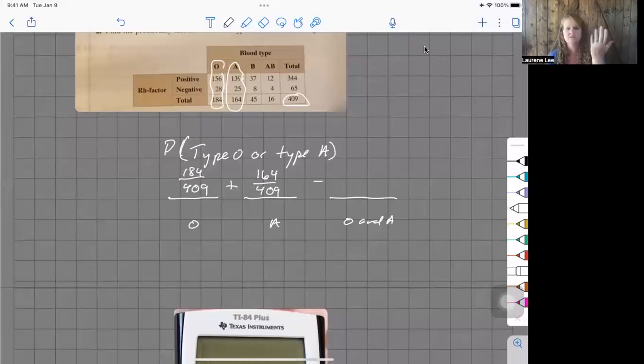And the way that it works is the answer is no, because you have to choose, you just have one type or another. Another way to tell in the charts is if you circle what you're looking for, if the circles don't overlap, then they're mutually exclusive. So this is 0. There's no overlap. And then you just go ahead and add the numbers. So 184 plus 164. I'm going to divide that by 409. And I'm getting 348 out of 409, which is 85%.